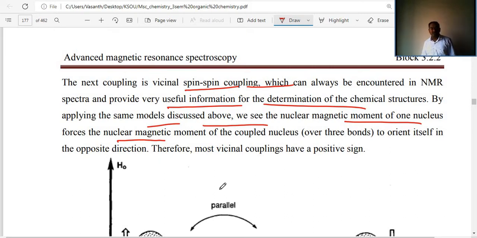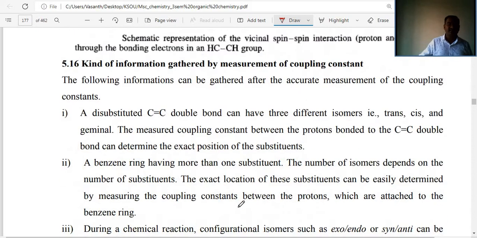One nucleus forces the nuclear magnetic moment of the coupled nucleus to orient itself in the opposite direction. Therefore, most vicinal couplings have a positive sign.